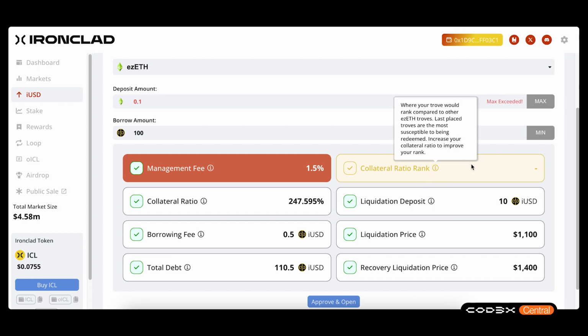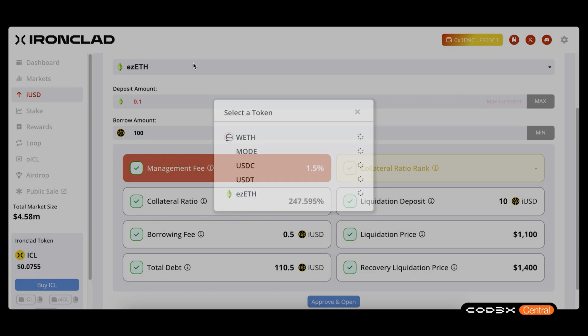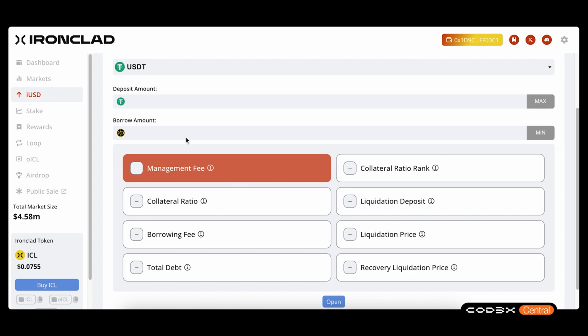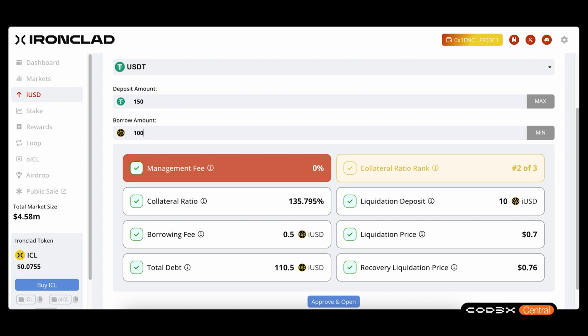So what this rank will tell you, and let me go to a different collateral type where there are some positions open. Let's say I do 150 USDT and I'm borrowing $100, 100 IUSD. So this is my collateral ratio rank.